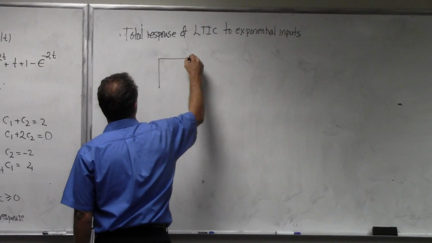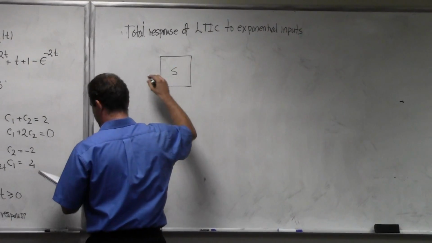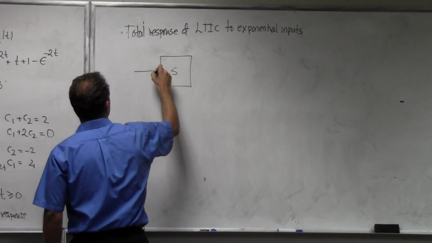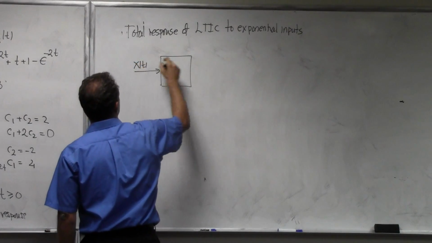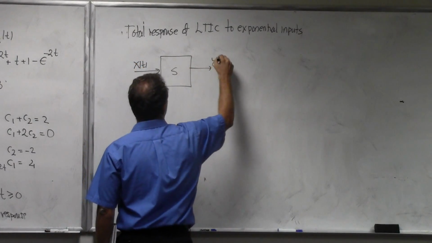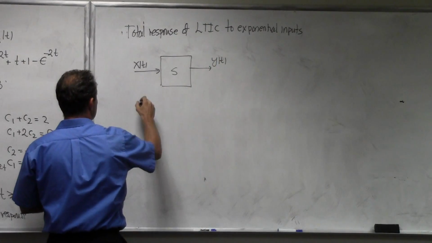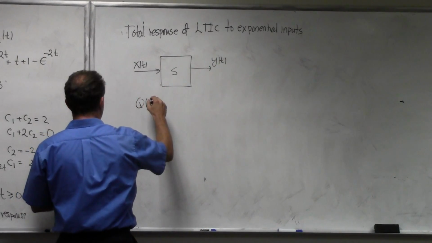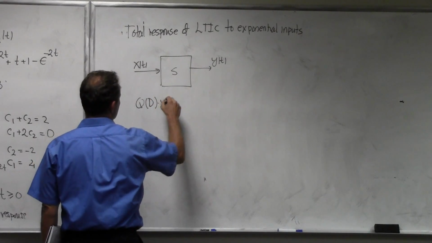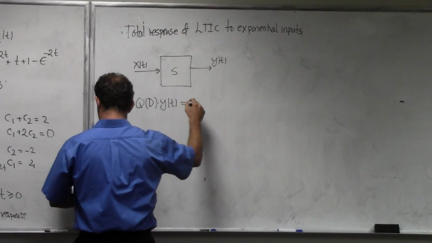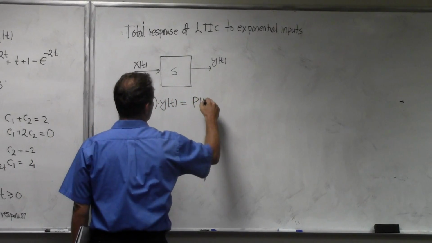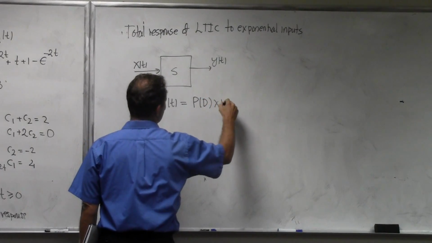So here's what I have. I have a system. There's an input x of t. There's an output y of t. And the differential equation that describes the system is Q of D applied to y of t is equal to P of D operating on x of t.